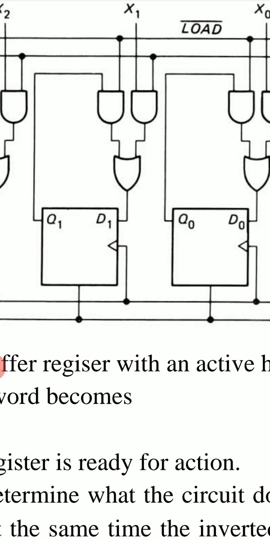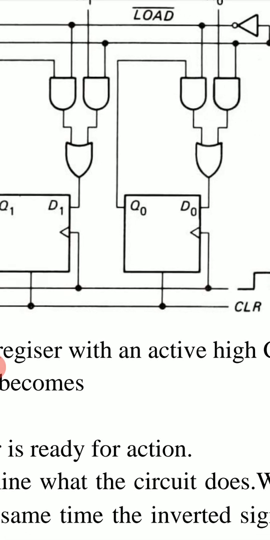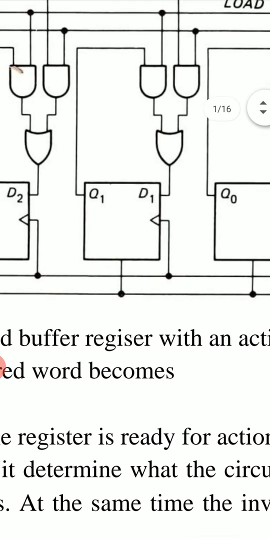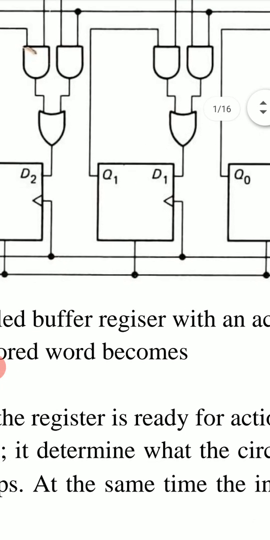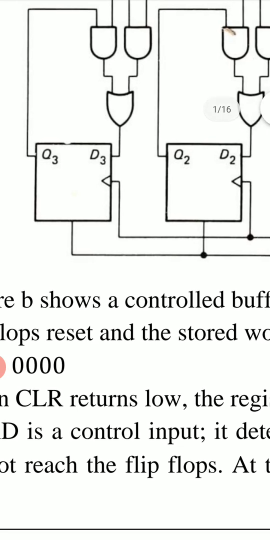Because all these 4 output bits go to their input bits, and when the positive clock edge arrives, Q0 becomes D0, Q1 becomes D1, Q2 becomes D2, Q3 becomes D3.